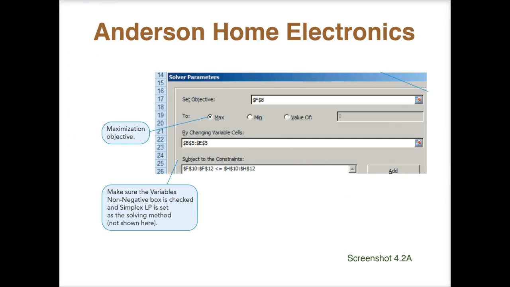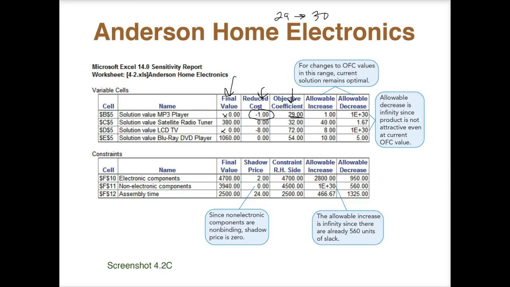So that's what the reduced cost is trying to communicate to us. Now for the satellite radio tuner and Blu-ray DVD, we see that the reduced cost is nothing for these because we have enough profit going on to where it makes sense.